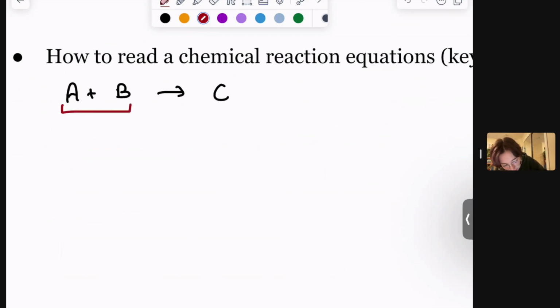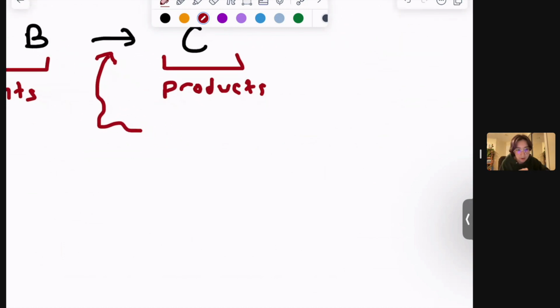The stuff on the left side is always called the reactants. And the stuff on the right side is always called the products. If you see an arrow like this, just a straight across arrow, it's called a chemical reaction arrow.